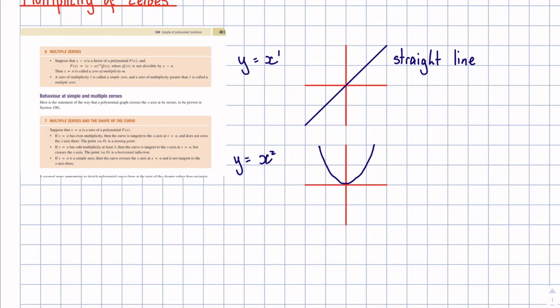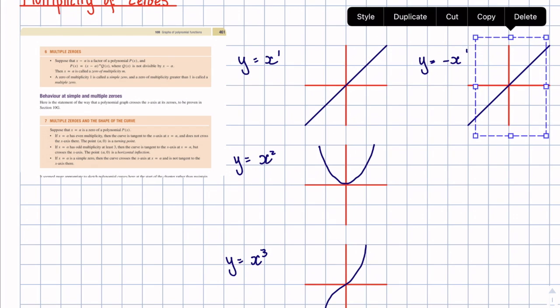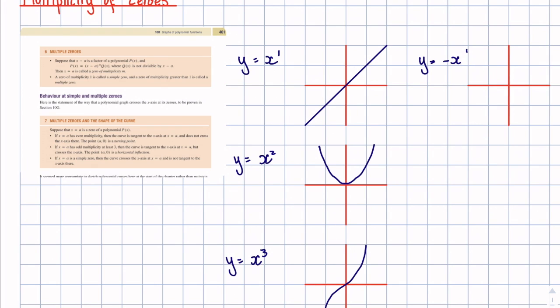And if I had y equals x cubed, then that would look like, it's this weird one. It looks like that. And if I had y equals minus x to the 1, then that's the same, but it's going downwards. Like that.